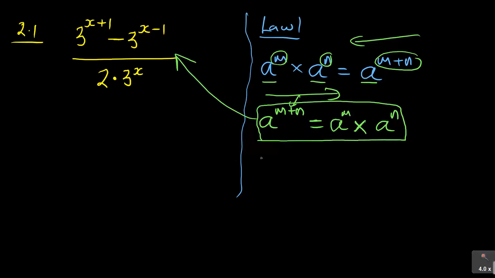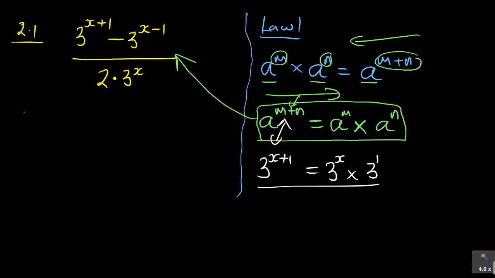Meaning, if I'm given, for example, 3 to the exponent of x plus 1, it will be equal to 3 to the exponent x, where there is m, times 3 to the exponent 1, where there is n. You see how I'm trying to look at it from that angle.